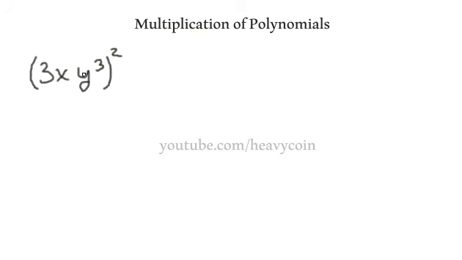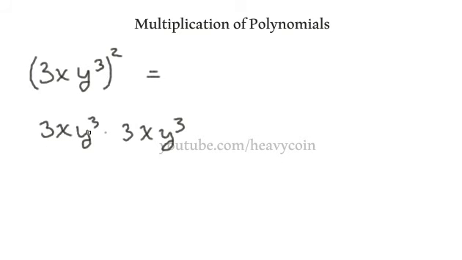Okay, so let's multiply this one out. So as you can see, we've got two of these terms, because this is squared. In other words, we have 3x y cubed times 3x y cubed. So instead of writing it this way, we can condense this down and rewrite it like this.